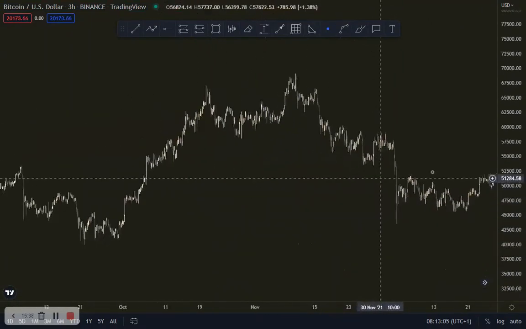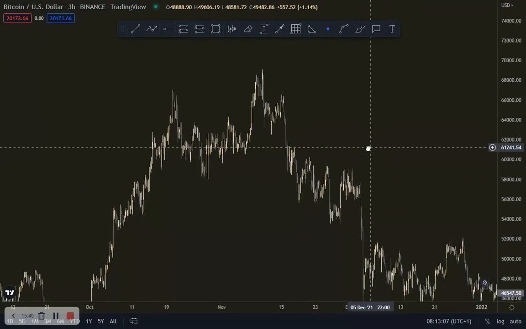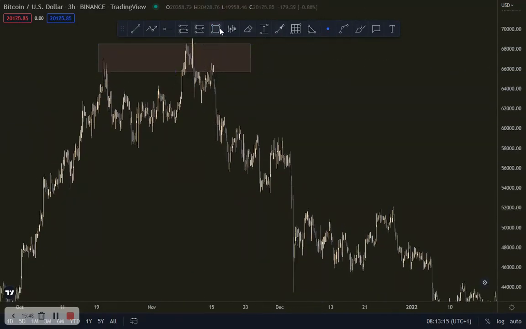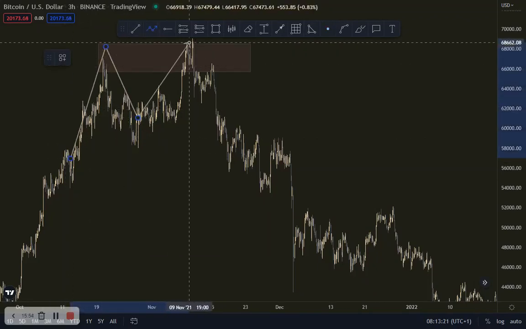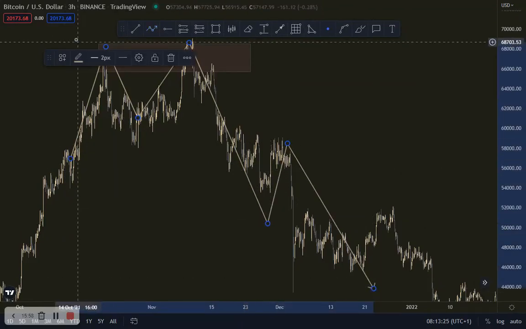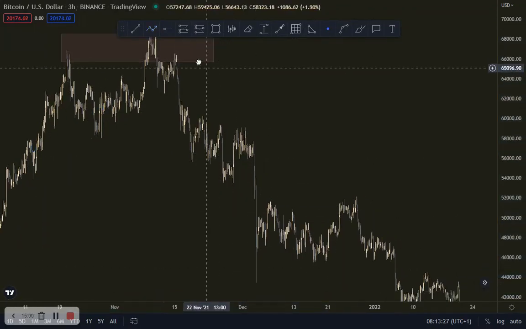As you can see, we had this double top here, right? First top, second rejection, drop. So this is a double top.